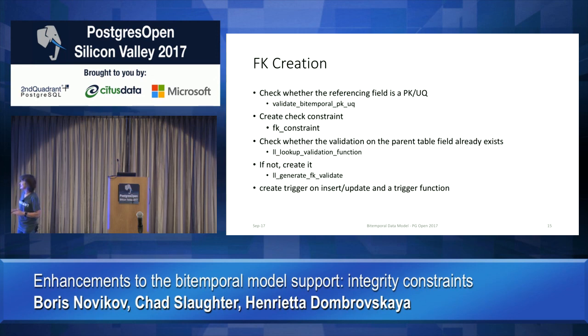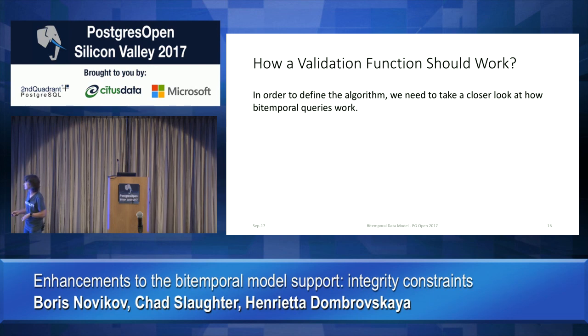Then we create this check constraint, which I described on the previous slide, just saying that that's a foreign key. Okay, very good. Now we need to check whether there is a validation function, and I will talk about what the validation function is. If not, create it, and then create the triggers on insert, update, and delete as well. And then the creation of the foreign key constraint will be completed.